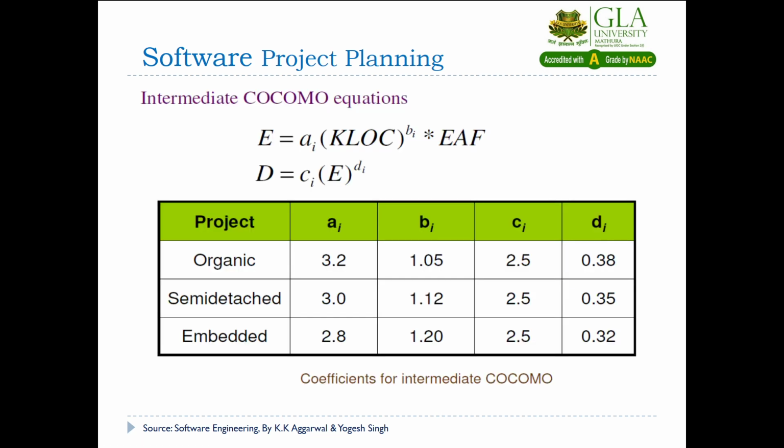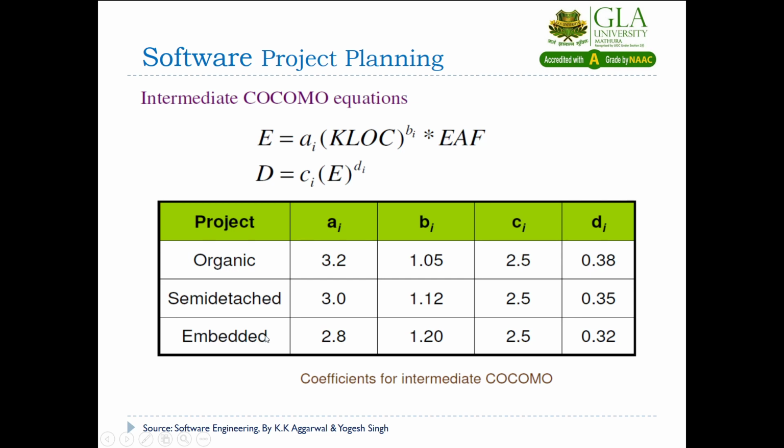Now come to the intermediate COCOMO model equations. Now there is a change. The effort will be computed with the help of the effort adjustment factor as well as the formula A times KLOC (thousand lines of code) to the power B, and duration will depend on your effort: C times effort to the power D. Now this is a new table which has the different coefficients A, B, C, D for the intermediate model, where this model has three types of projects: organic, semi-detached, and embedded.